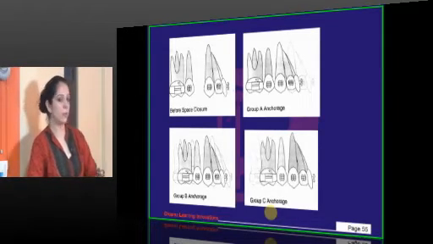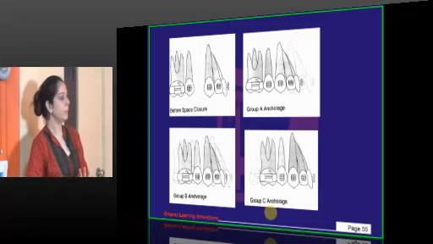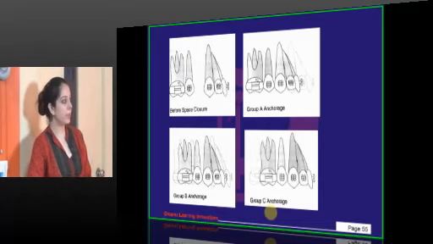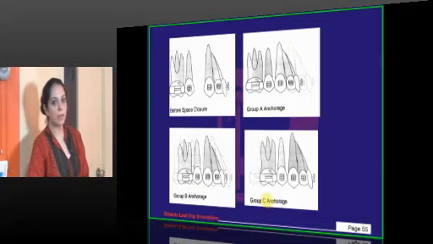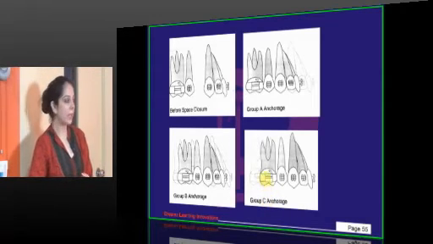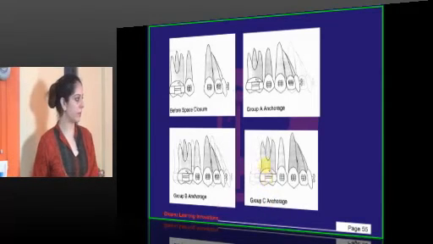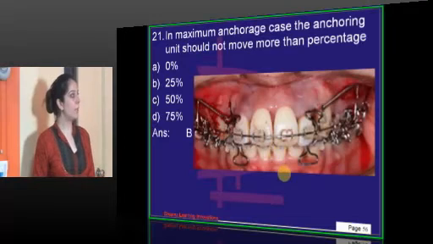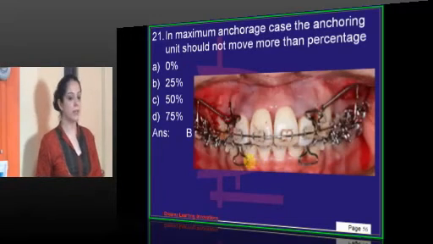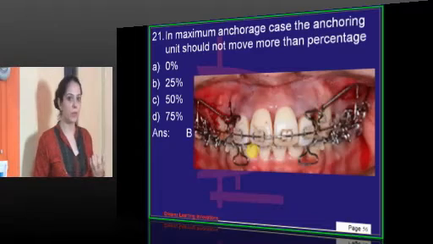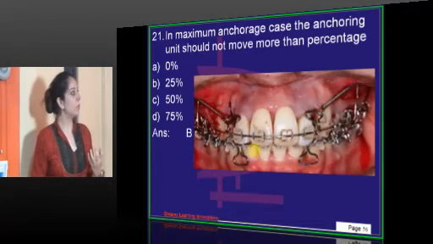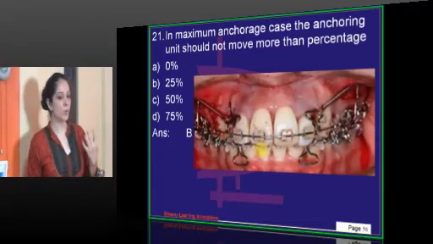In group B, it is almost 50-50, and group C is the exact opposite of group A. That means most of the movement happens by the anchor unit and the least by the anteriors. So in a maximum anchorage case, there should be absolutely no movement of the anchor teeth, so the unit should not move more than 25%.